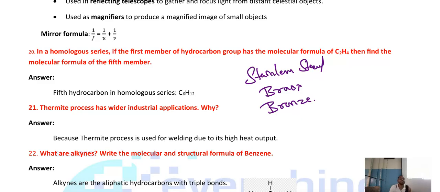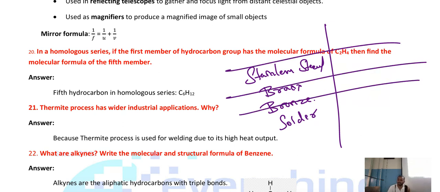Stainless steel, brass, bronze. Any other example of an alloy? Solder. Solder is also an alloy, right? Okay, let me see for these 4 only.